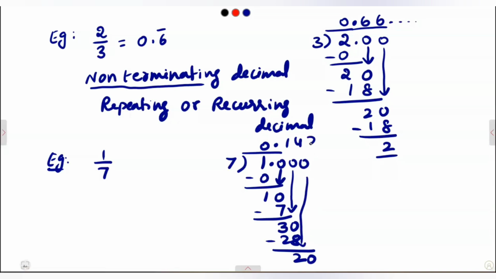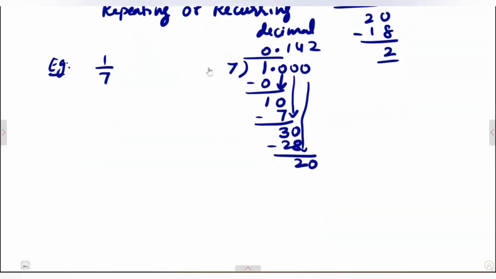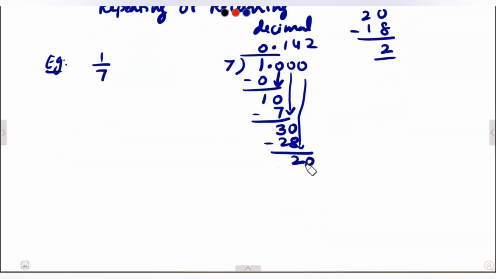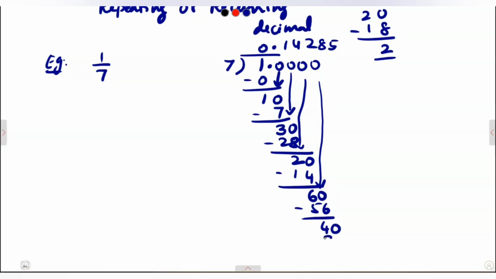7 twos are 14. Let's move the screen a little bit. Yes. 7 twos are 14. Take 6 as the remainder and drop one more 0. 60. 7 eights are 56. 4 remainder and drop one more 0. 7 fives are 35.